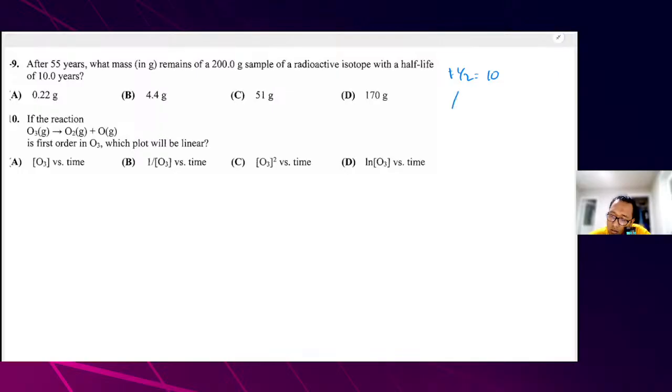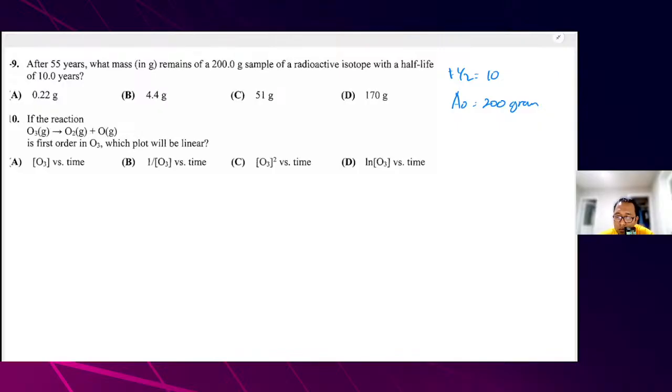The initial mass is 200 grams. In this case we don't need to use the equation. We can get the answer actually. However, if we don't use the equation, it will be quite complicated for us.